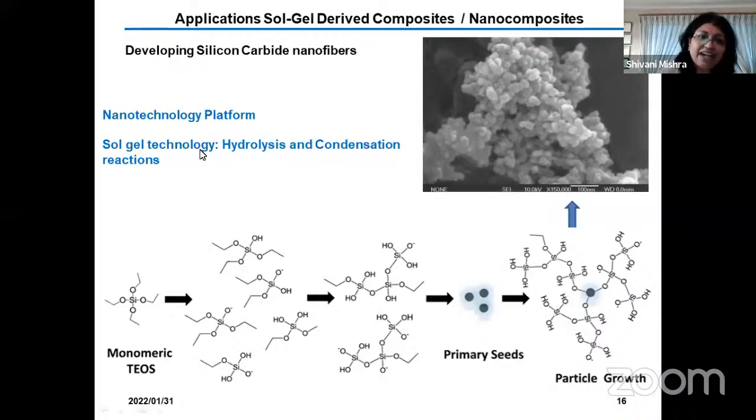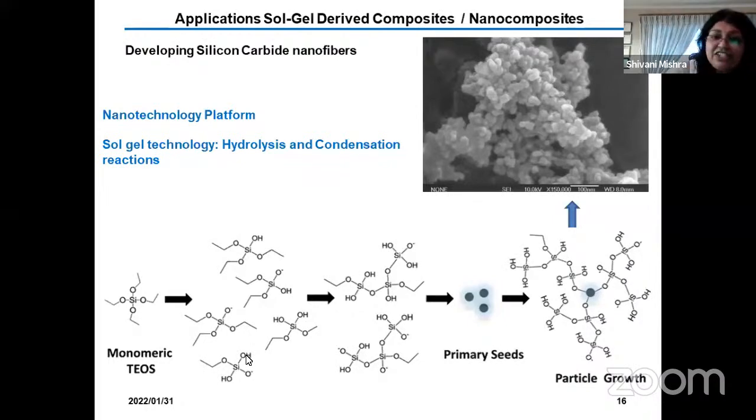Let me make you understand the technology. So in the sol-gel process, relate that concept which I was telling a couple of slides back, that I was using the monomer, the solvent, and the water, and then there is a particle growth which we call the gel.